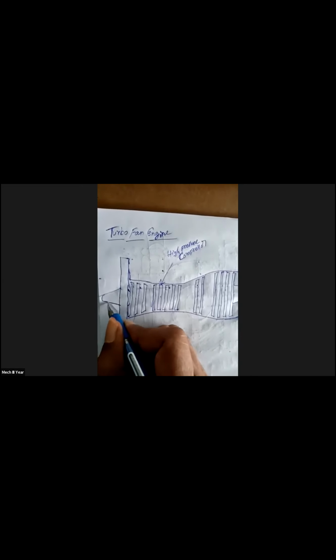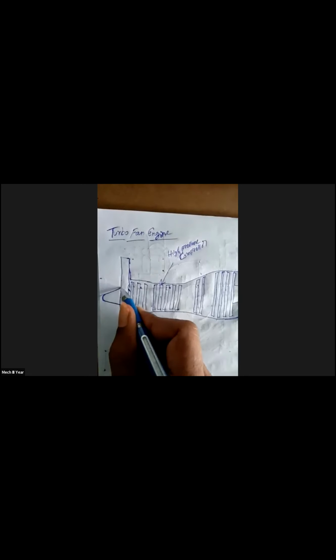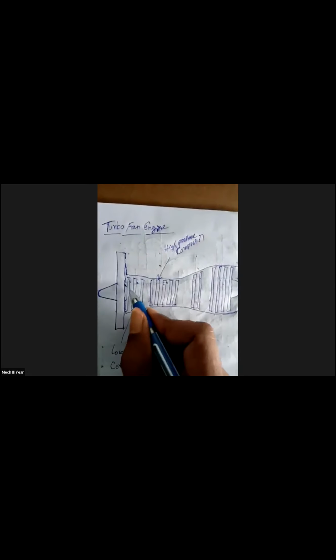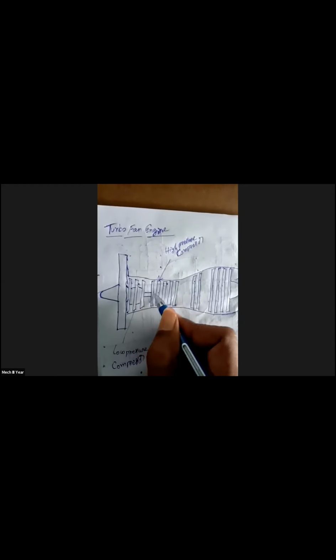This is the jet. You see this one. And now here this is the connection, the compressor, it will rotate. This is shaft.